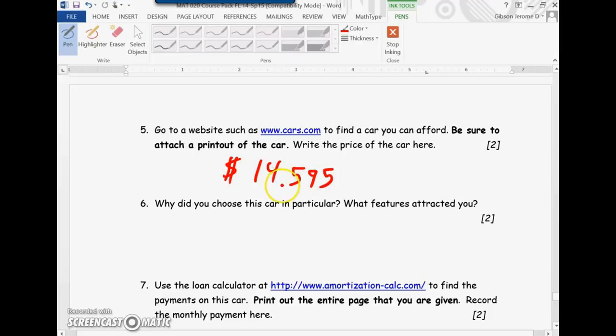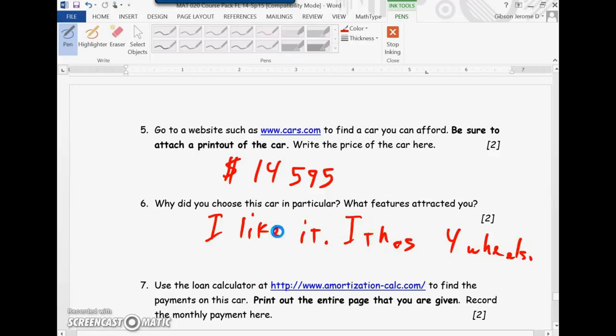You know, they always have weird numbers for cars. It says, why did you choose this car? I like it. What features attracted you? It has 4 wheels. So, again, whatever it is that you find that you like about the car, you will put it there.